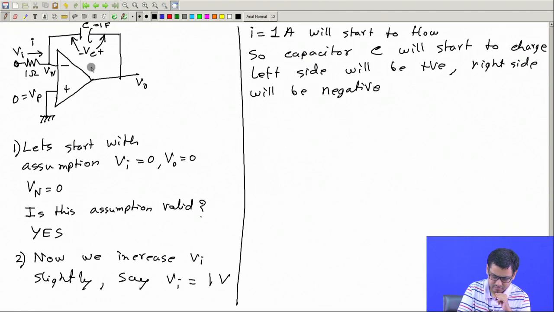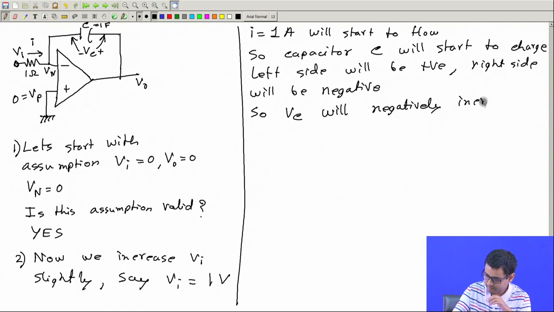So according to my chosen direction, Vc will start to become negative. Vc will negatively increase, because I have chosen the right side to be positive. Let's stick to that. So Vc will negatively increase, and what will be the rate of increase?